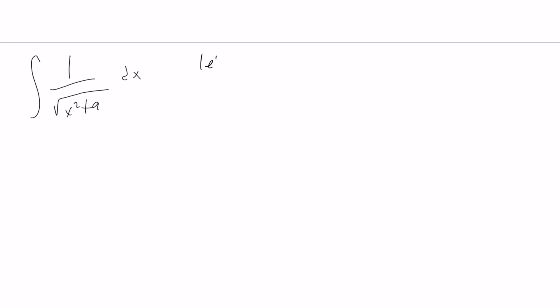So let's let x equal 3 tangent theta. Remember, you can think of it as the square root of 9 simplifies to 3. Then my dx equals 3 secant squared theta.